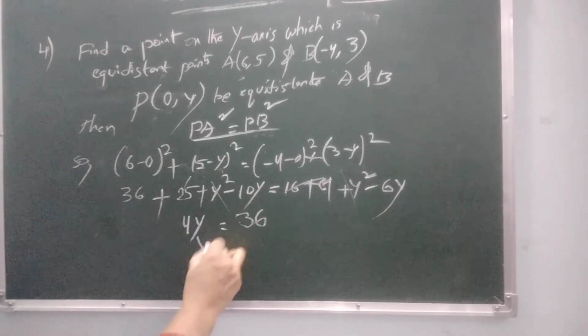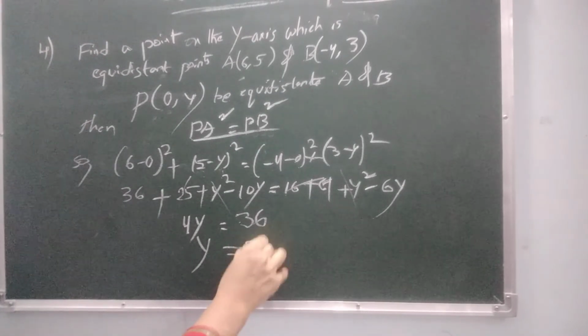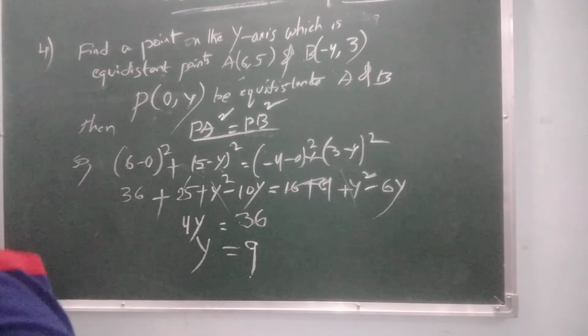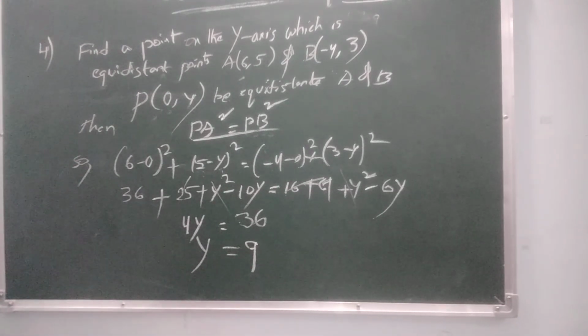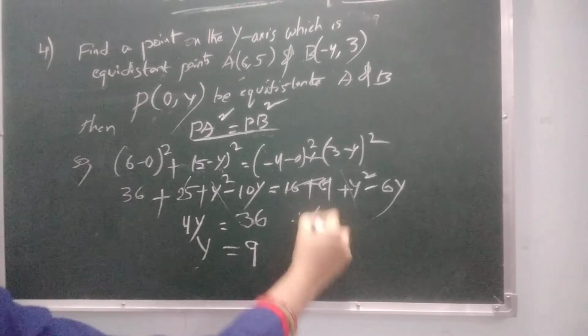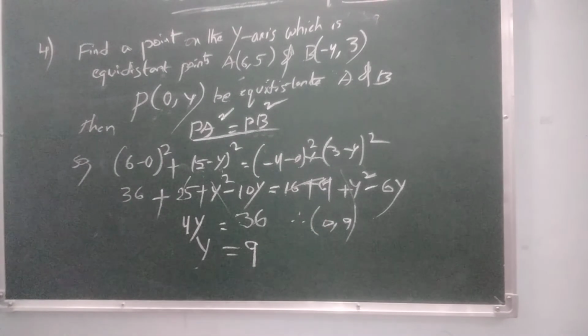That means y equal to 9. So our required point is 0 comma y, that means 0 comma 9 is the required point.